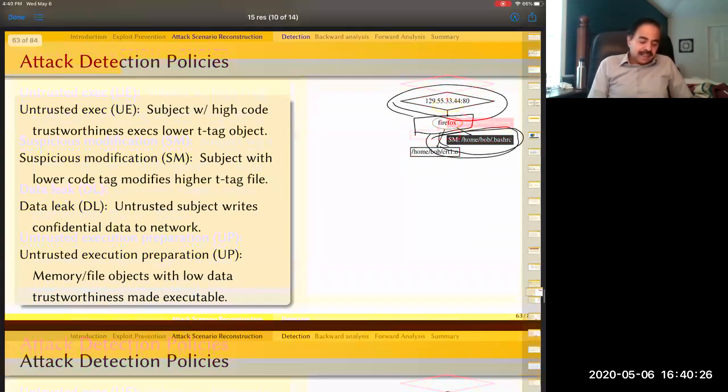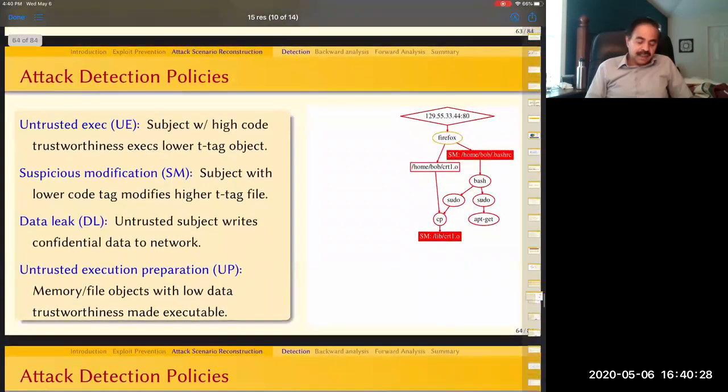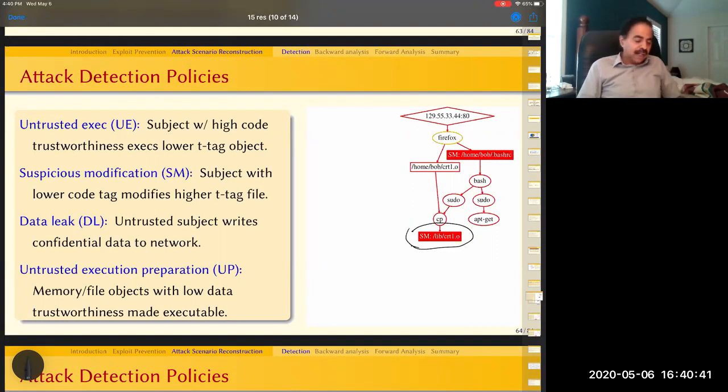And a second type of alarm that may be detected is when this file is copied over into the /lib directory. And once again, you can see that untrusted content is overwriting a benign or a trusted file.